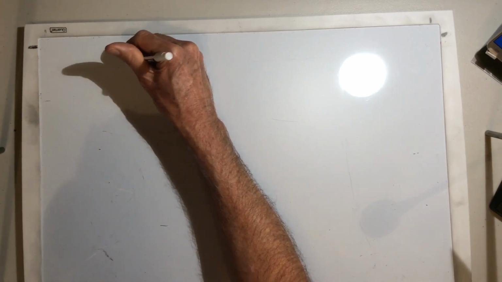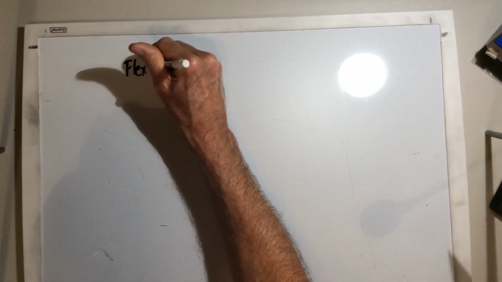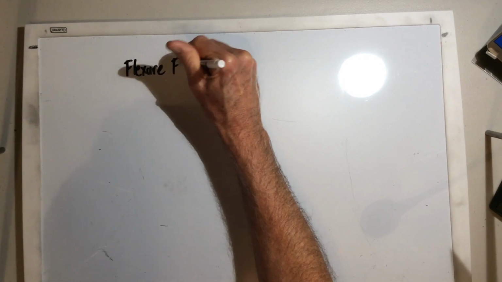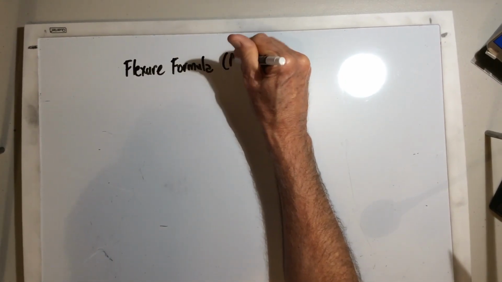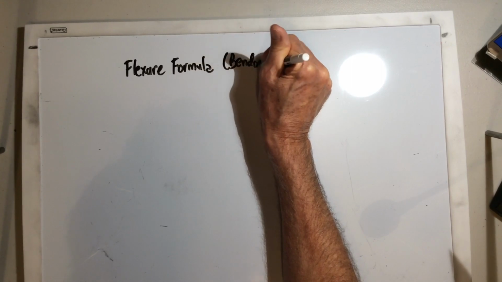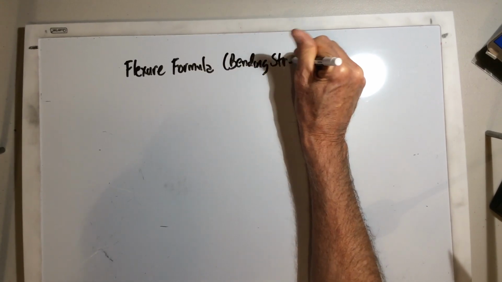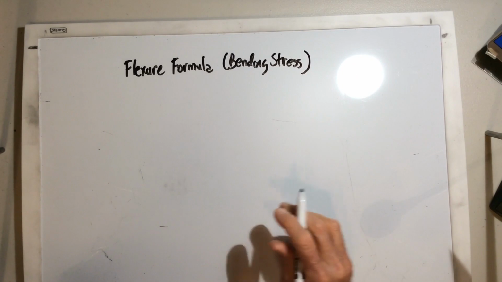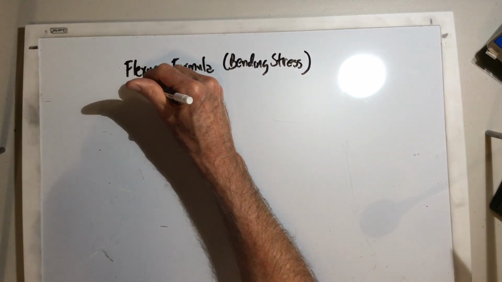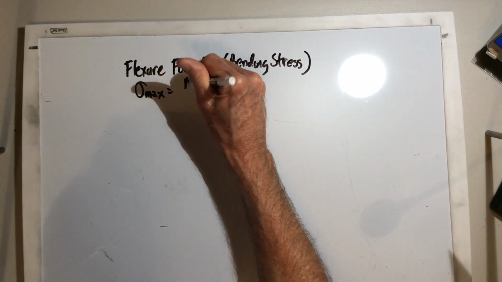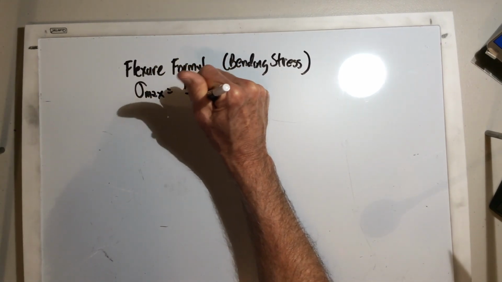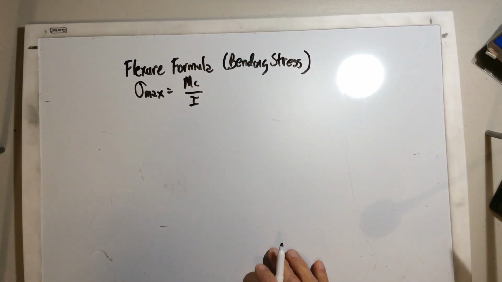This is based on the flexure formula, which is basically bending stress. Now, you know that equation to equal Mc over I, and there's that I, okay?